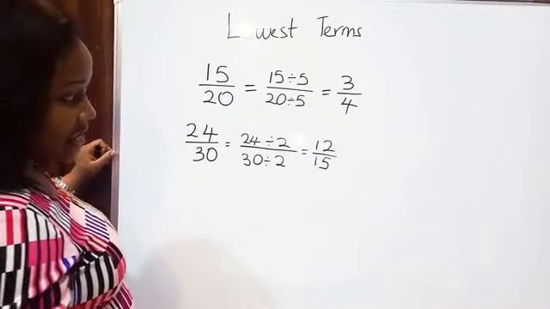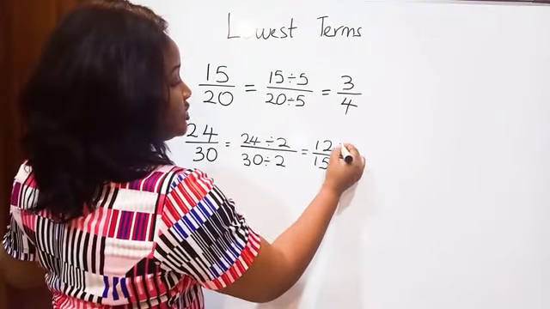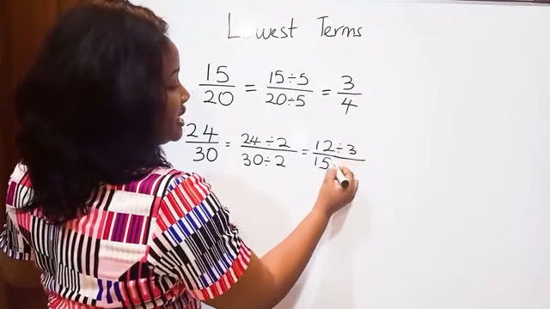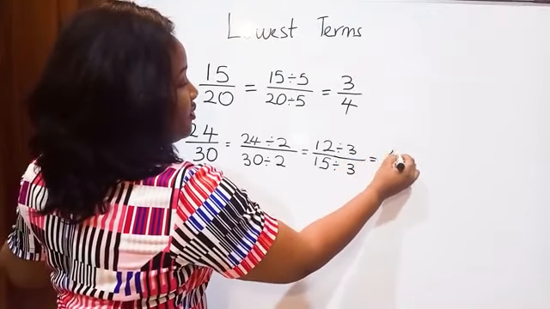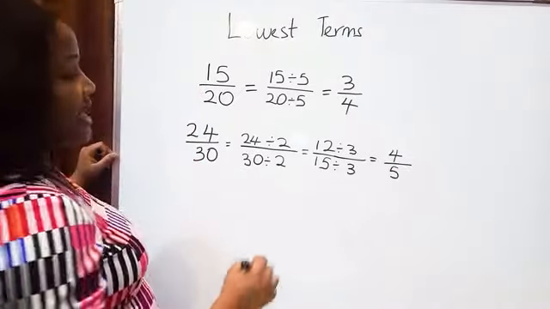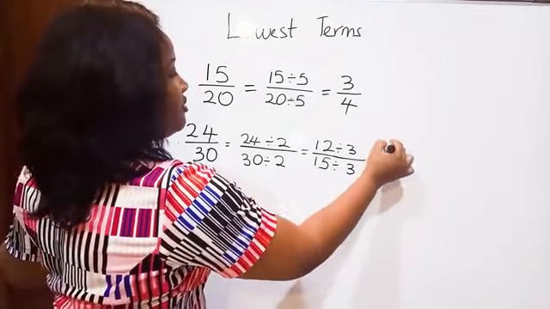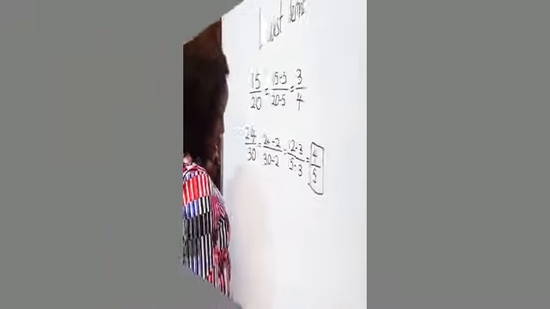Looking at it again, we can see that 3 can go. So we divide this by 3, divide this by 3, and we have 4 over 5. And that's the simplest term for 24 over 30.